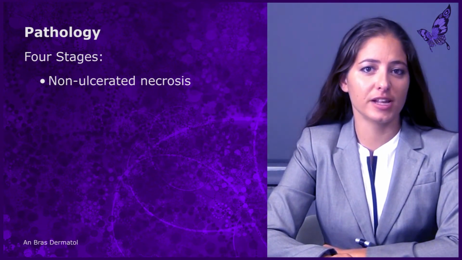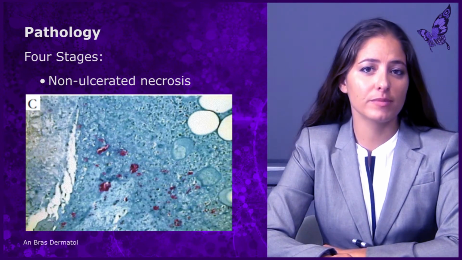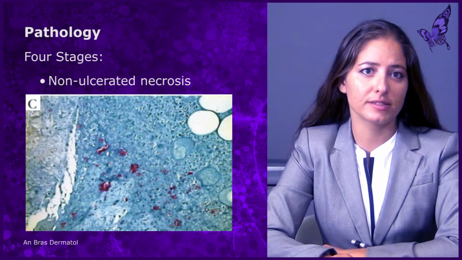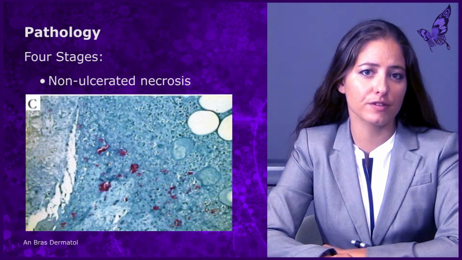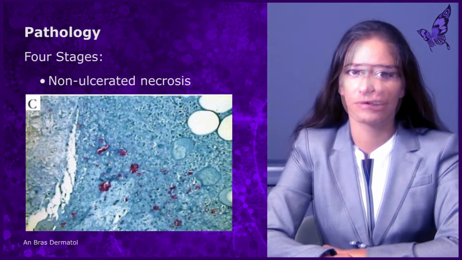Let's begin with the first stage, non-ulcerated necrosis. The epidermis remains intact, but is usually hyperplastic, while the upper dermis is preserved. Coagulation necrosis in the lower part of the dermis, subcutaneous tissue, and fascia is noticeable.